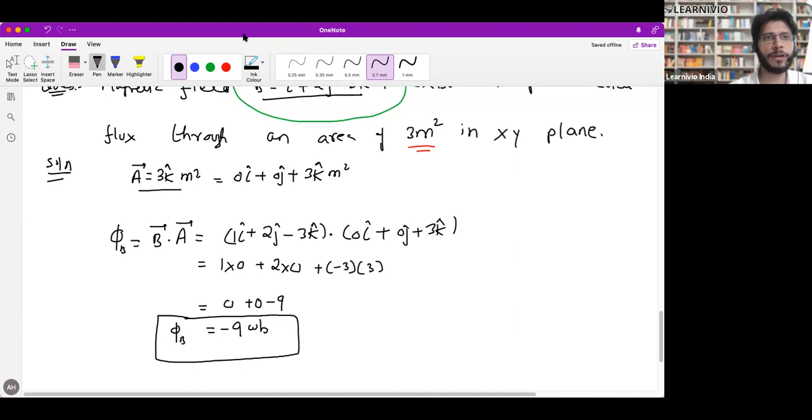Is it clear, Mariam? Yes, sir. So whenever we take the dot product in Cartesian form, we multiply the ith component with the ith one, the jth component with the jth one, and the kth with the kth component. Note it down.